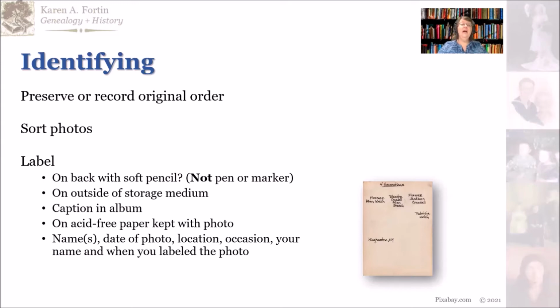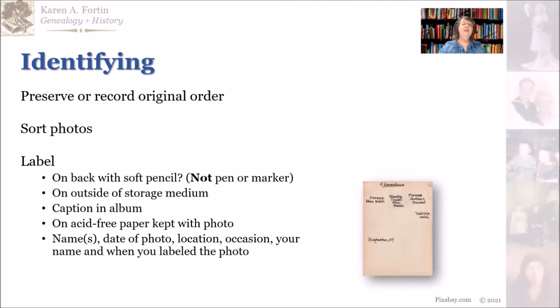If you do decide to identify the photo directly on it, all the experts agree to not mark the surface of the photo. Instead, always use the back. And if you do, use a soft lead pencil, such as the type that you would get at an arts and crafts supply.